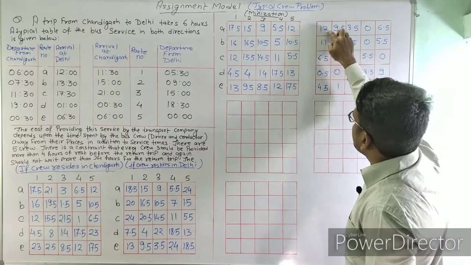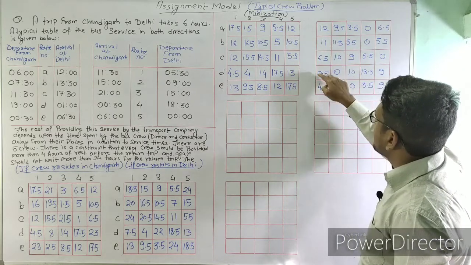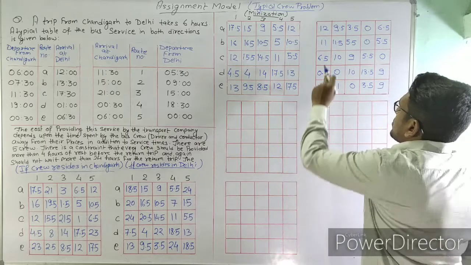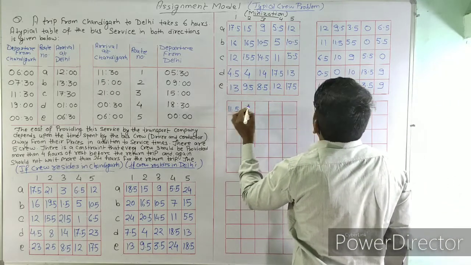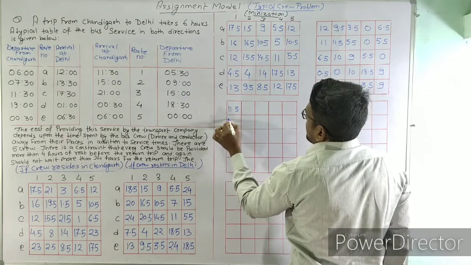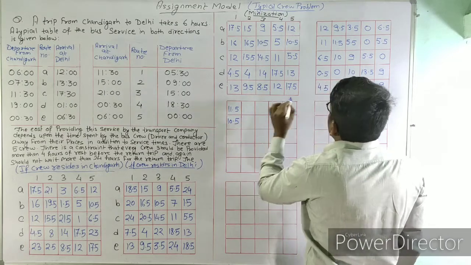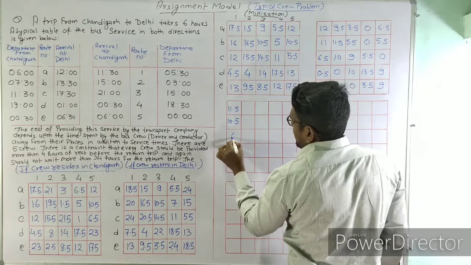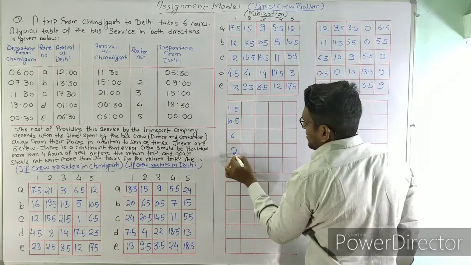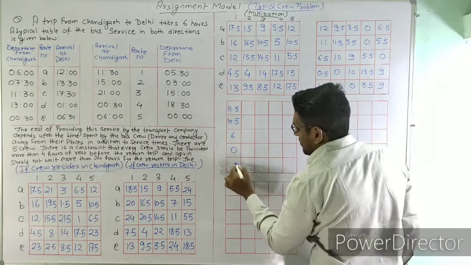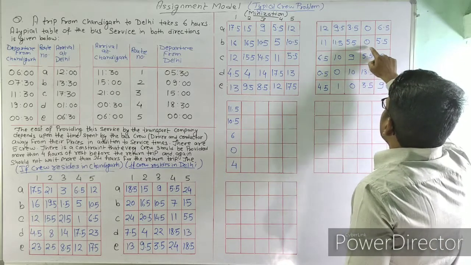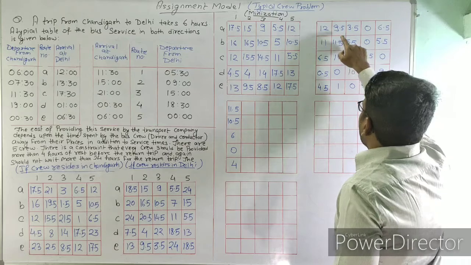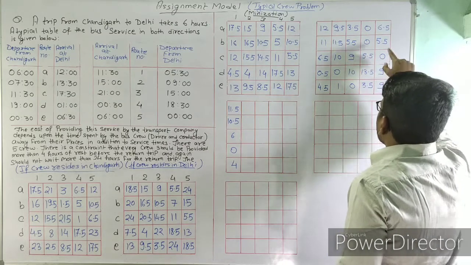So we will subtract each element of this column by this minimum value. 12 minus 0.5 is 11.5. Then 11 minus 0.5 is 10.5. 6.5 minus 0.5 is 6. 0.5 minus 0.5 is 0. 4.5 minus 0.5 is 4. And as we have 0 in the remaining columns, the values there will remain the same.